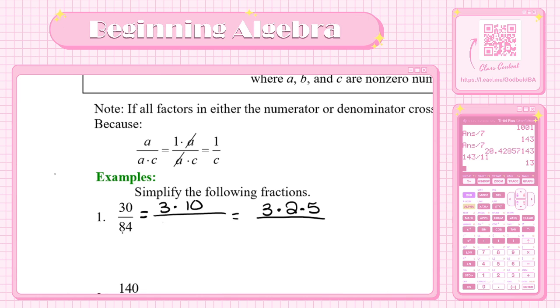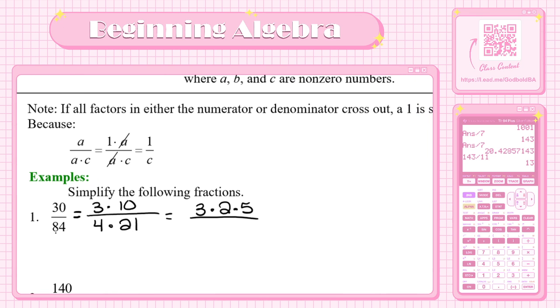84 is a little more complicated. I know it's 4 times 21, right? And 4 is not prime, but 4 is 2 times 2, and 21 is 3 times 7.